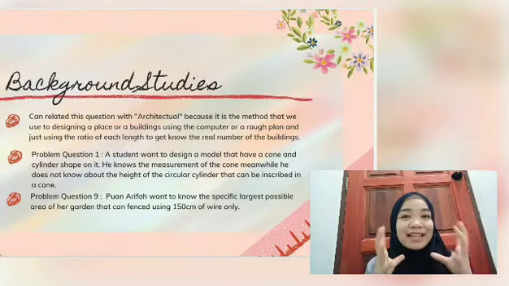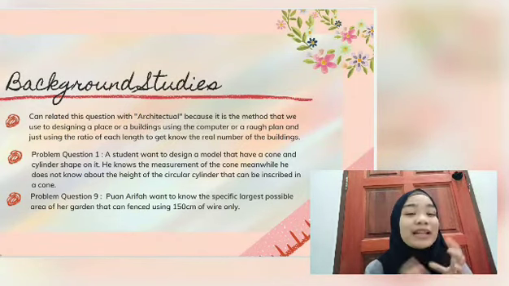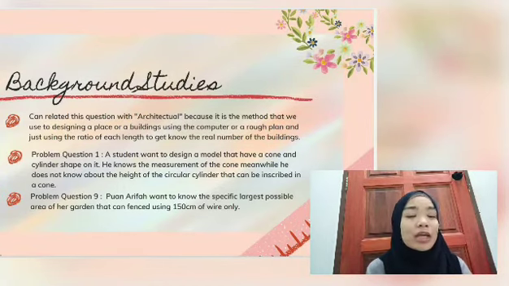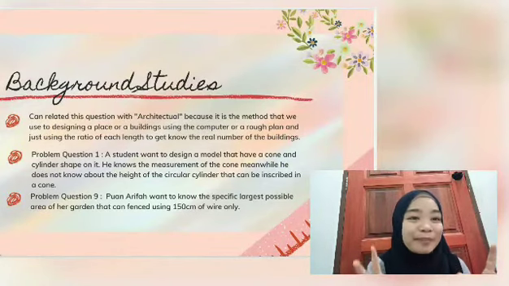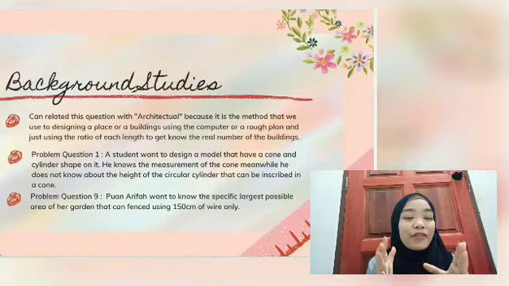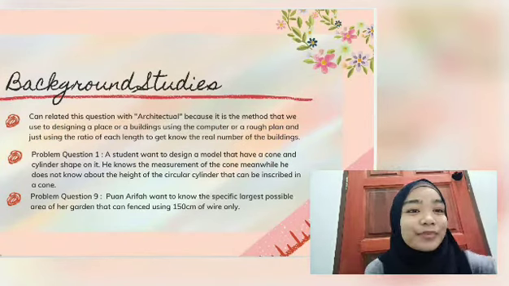So, we can understand the definition of architecture as the characteristic of a design that makes something like a building, using the computer or just a rough plan to do the ratio of the length to replace the real number of the building in the real world.